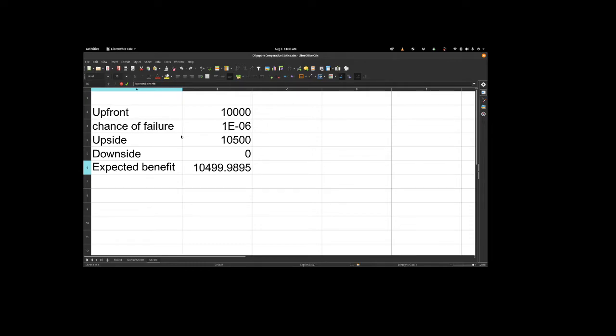Although actually, we should also be counting the opportunity cost. So let's say our opportunity cost is that instead of getting 5% interest, maybe we get 1% interest. Maybe we only get a 0.5% interest.